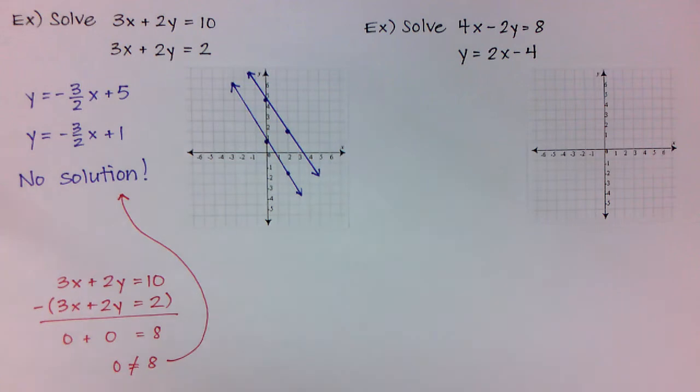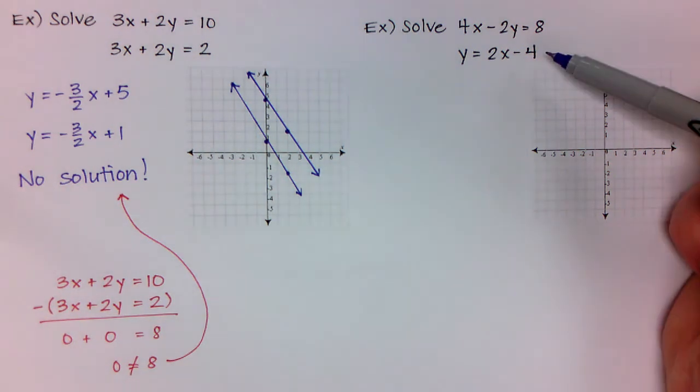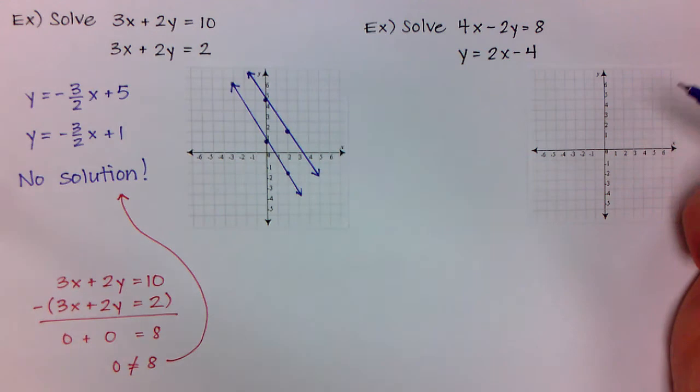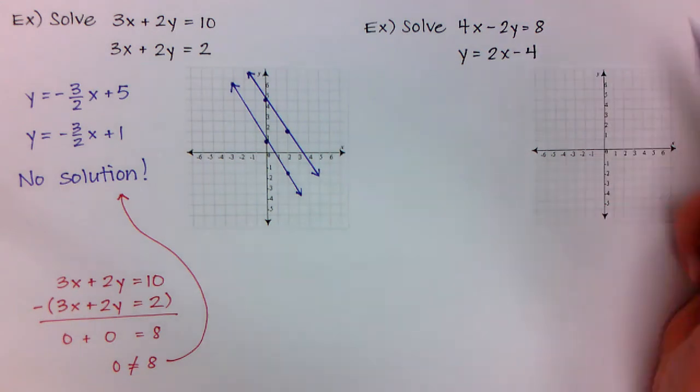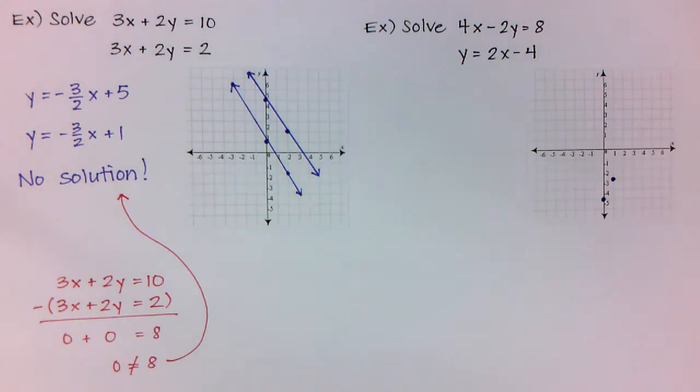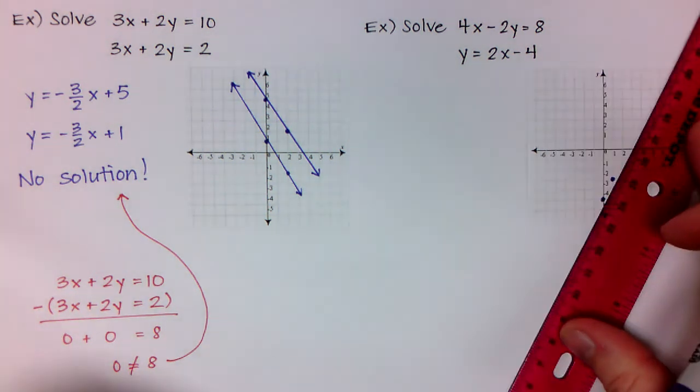I have two more equations for the system. 4x minus 2y is equal to 8, and also y is equal to 2x minus 4. So one of them is already in slope-intercept form, so let's go ahead and figure this out. I have -4, so I'm going to plot that down right here, and I'm going to go up 2 and over 1 and draw my line.